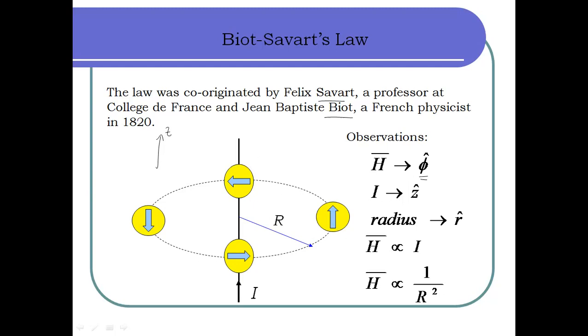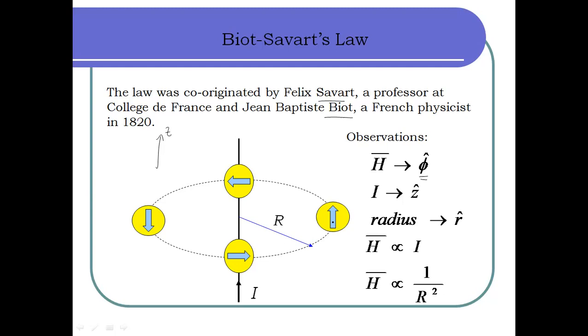So the observation is that when the current flows in the z direction, the H field is in the phi direction according to the cylindrical coordinate system. The H field is also proportional to I, meaning that as we increase I, the strength of the H field increases.